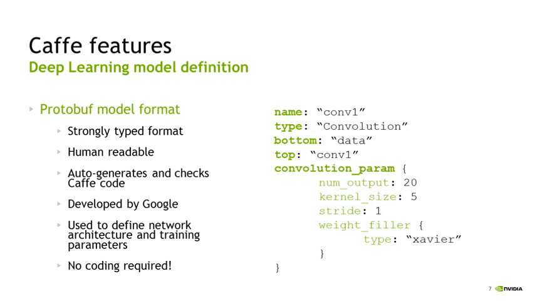What's very nice about this way of defining a network is that there's no coding required. You can define and train a convolutional or a deep neural network in Caffe without writing a single line of code, just using the command line interface and these prototxt files, which use this protobuf format for defining the network architecture and training parameters.